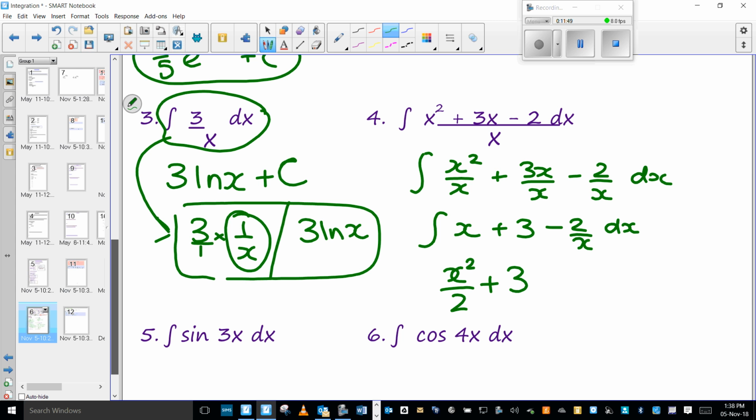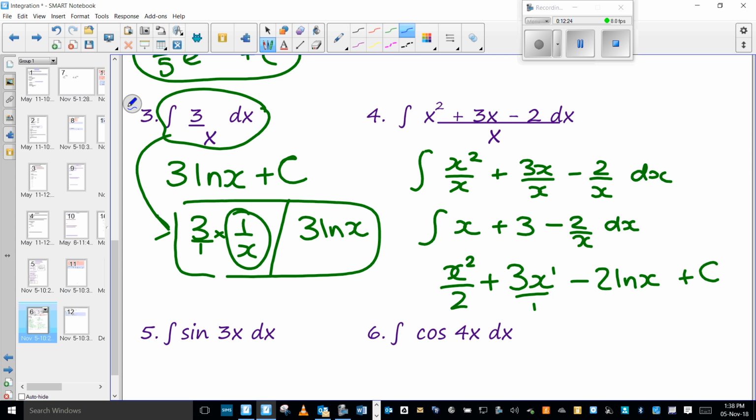So when we're adding 1 to it, it becomes x to the power 1. If you want, secretly over 1, we can write that. Then what's negative 2 over x? What does that become? It was similar to this example here. Nice. And we've got a subtract sign, so it's going to be negative 2 ln x and then plus c, obviously. At some point, I would then rewrite it without this power of 1 and that 1.